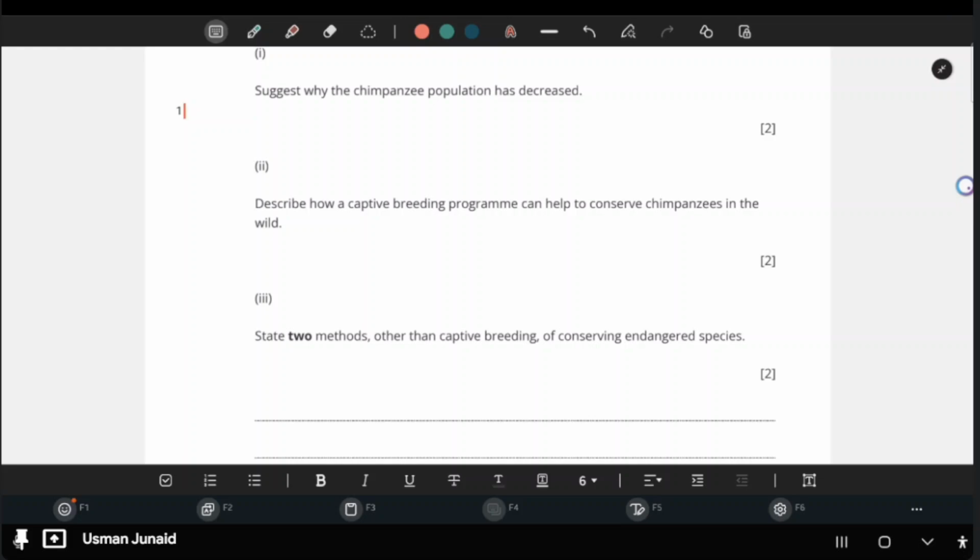Hunting can be a reason. Yes. Hunting can be a reason. Yes, exactly. Another one. Physical illness. You could say as a better answer, disease, right? Yes. Can you give me another one?